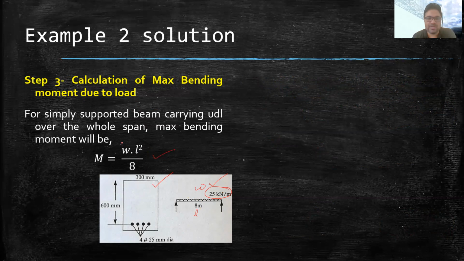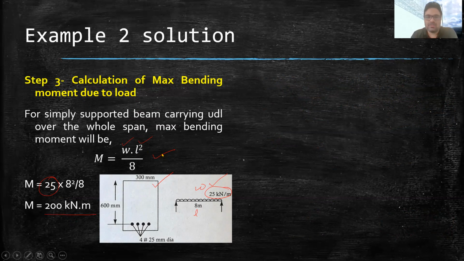So again, we will put the value of W, we will put the value of L, and we will be able to find out the value of M then. So maximum bending moment due to this load will be 200 kilonewton meter.